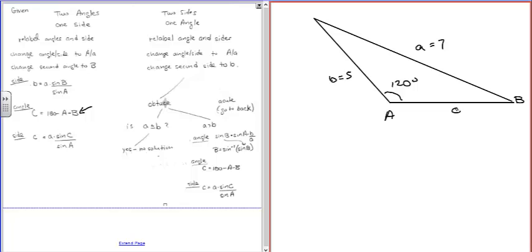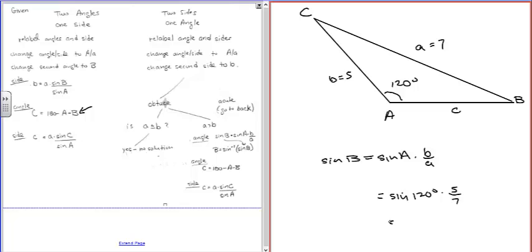This would be side C, and this would be angle C. So it says the sine of angle B, using this formula, is equal to the sine of angle A times B over A. So we do the sine of 120, B is 5, A is 7.